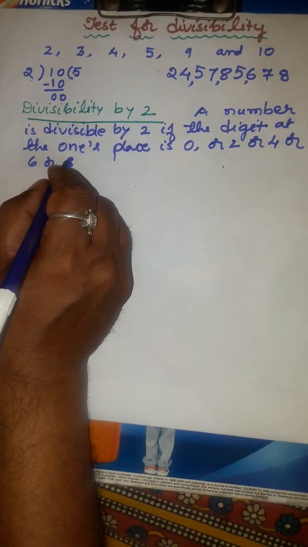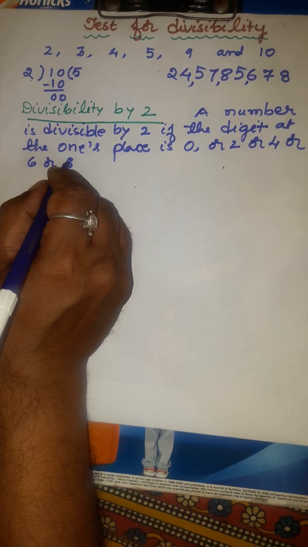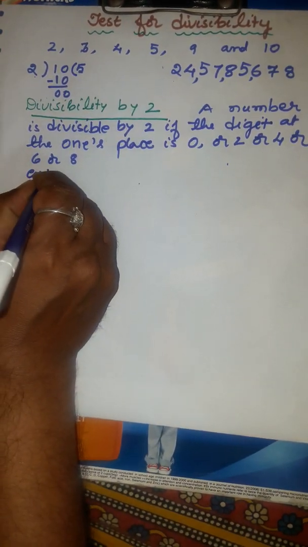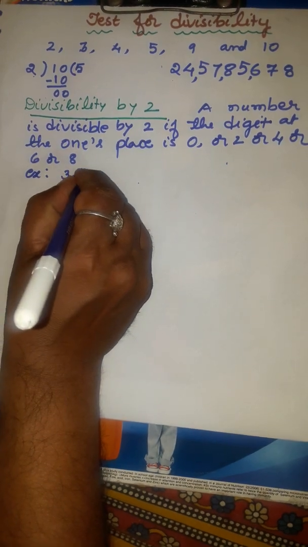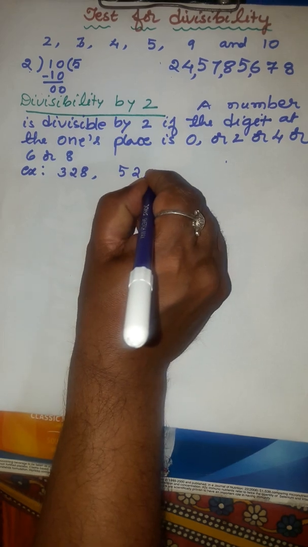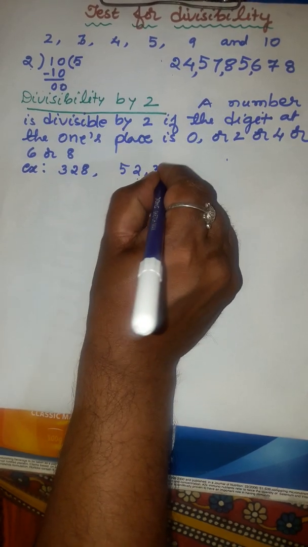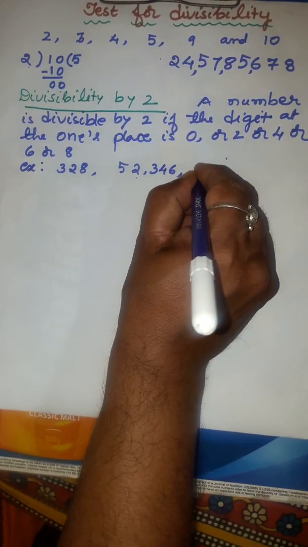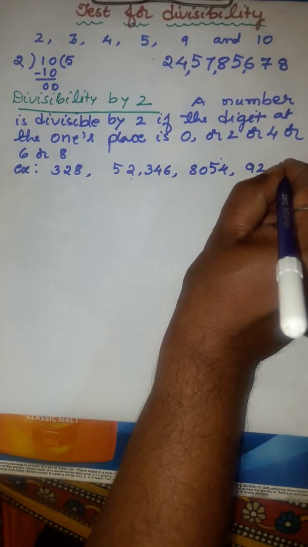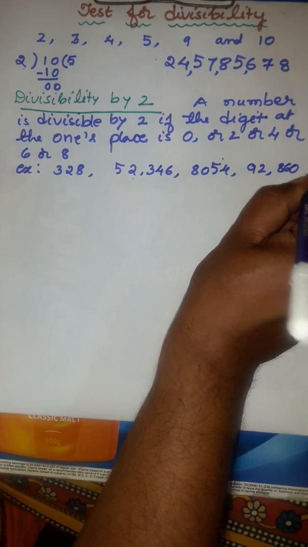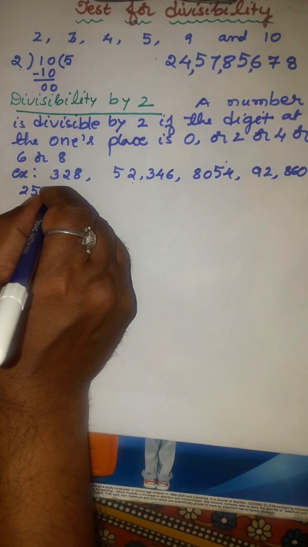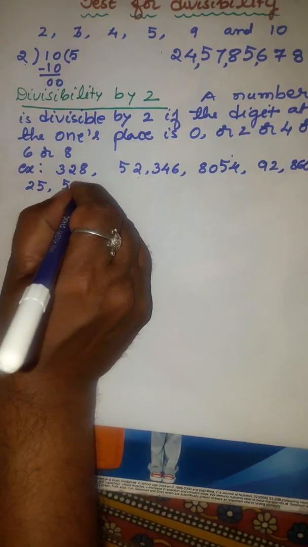So let me give the examples for the numbers which are divisible by 2. Example: 328, 52,346, 8,054, 92,860, 25,560.